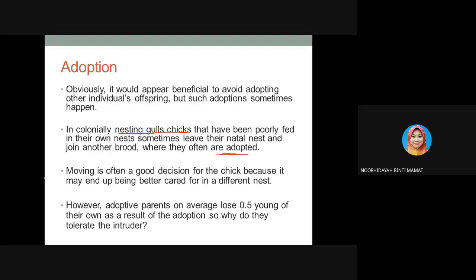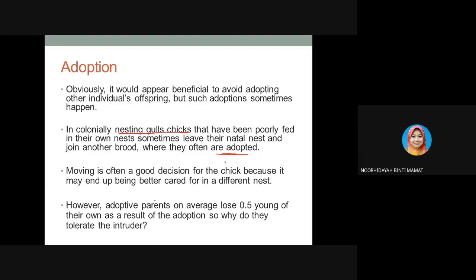So moving is often a good decision for the chick because they can end up being better cared for in a different nest, because they can get more food compared to their own nest. However, the adoptive parents in the new brood, on average, will lose 0.5 young of their own as a result of the adoptions.